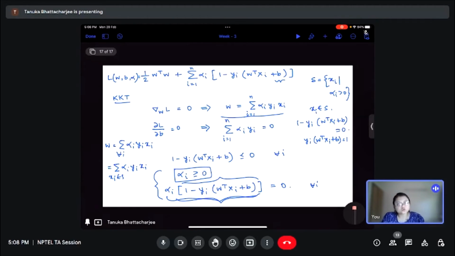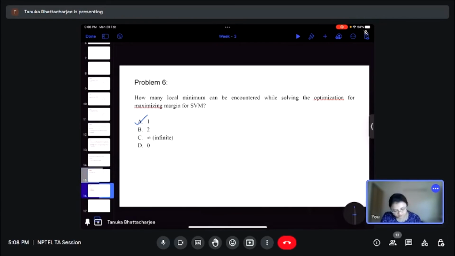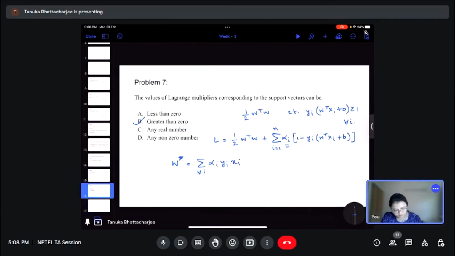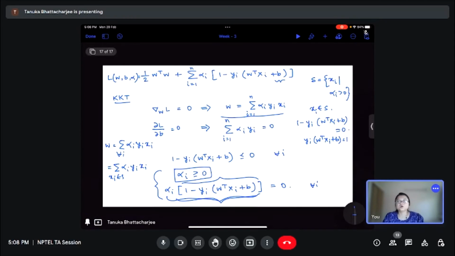So those will actually be the support vectors. So we can say that for support vectors alpha i will always be greater than 0.